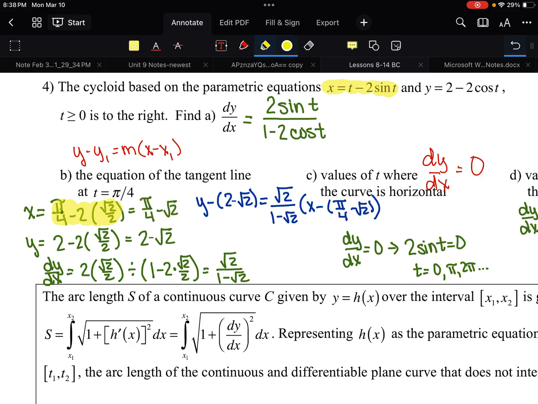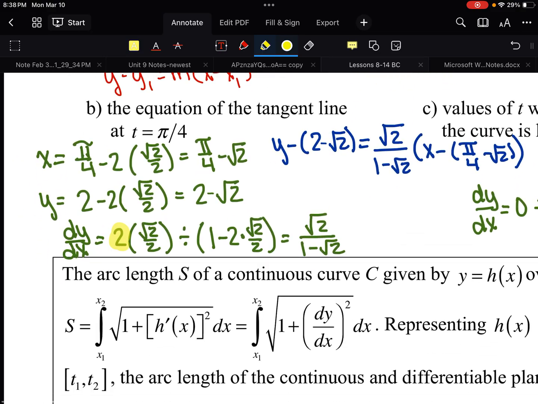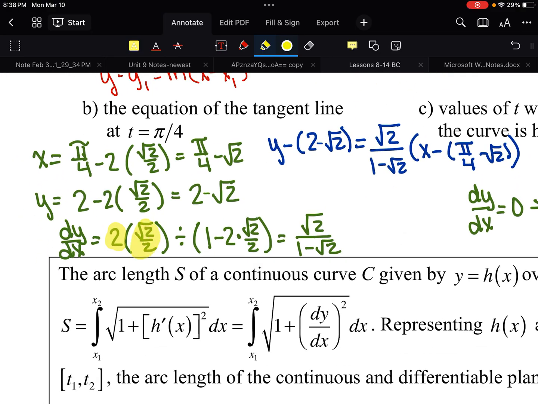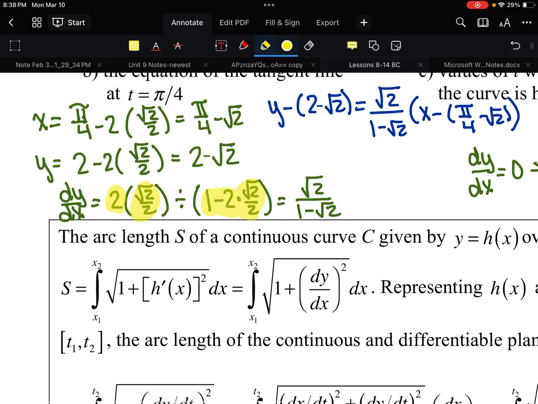So the part that's left is find the slope. Slope is derivative, so dy over dx, and then plug in pi over 4. So here is 2 times sine of pi over 4 over 1 minus 2 times cosine of pi over 4, making sure I got the derivative right.